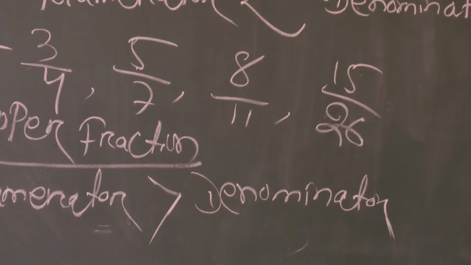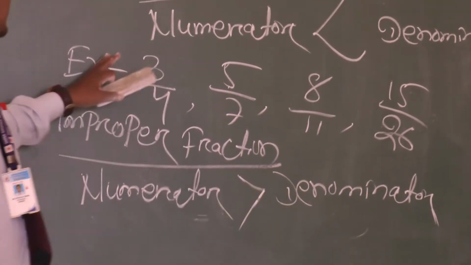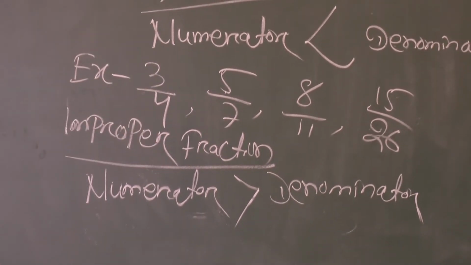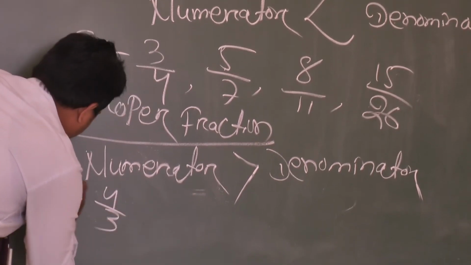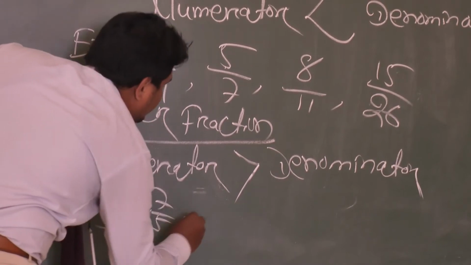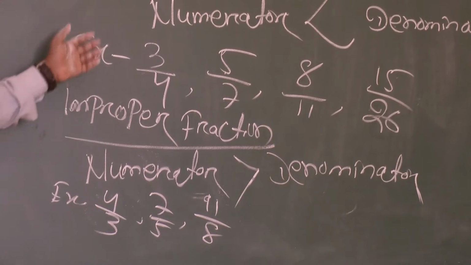Improper fraction is just the opposite of proper fraction. You just change it: 4 by 3, then 7 by 5, 11 by 8, etc.